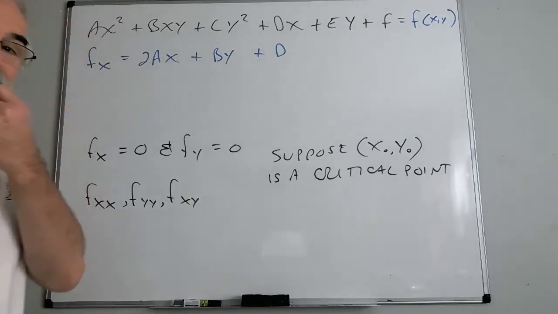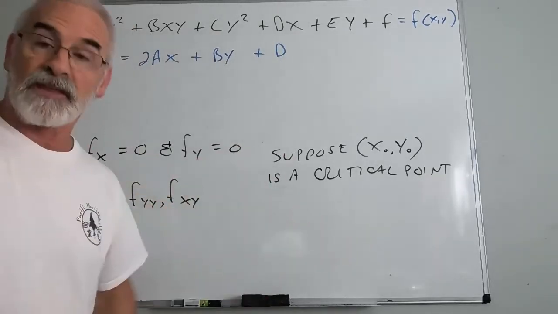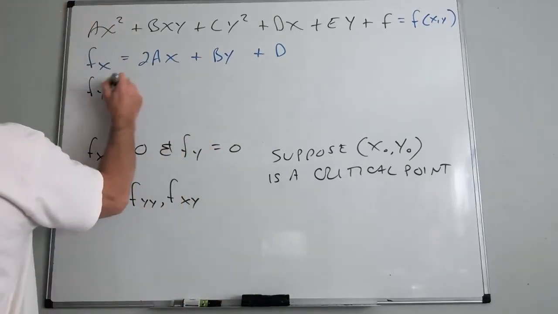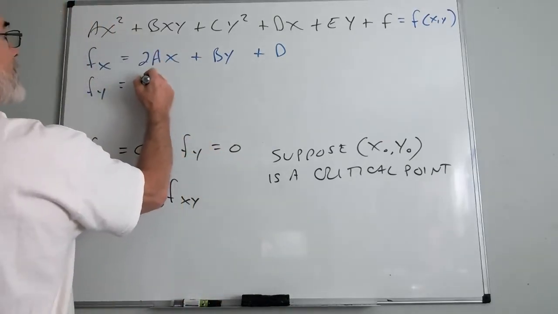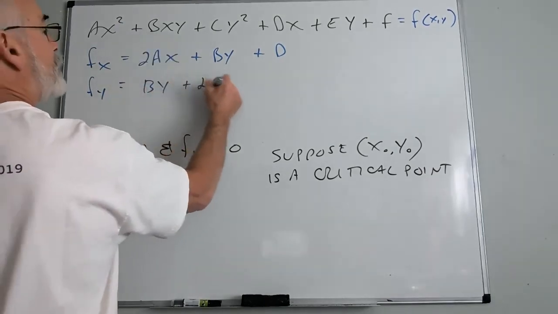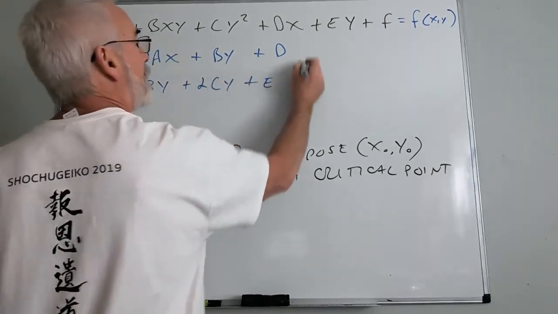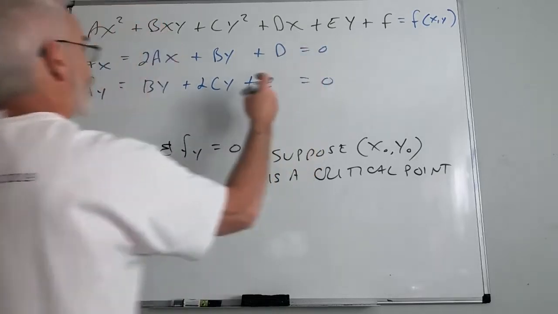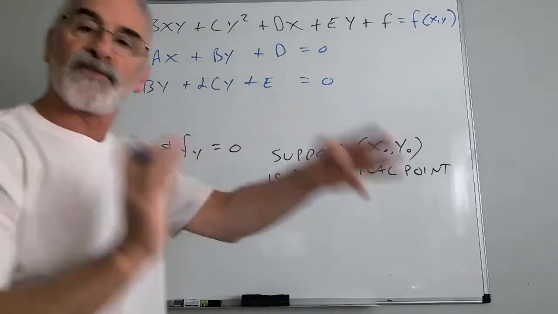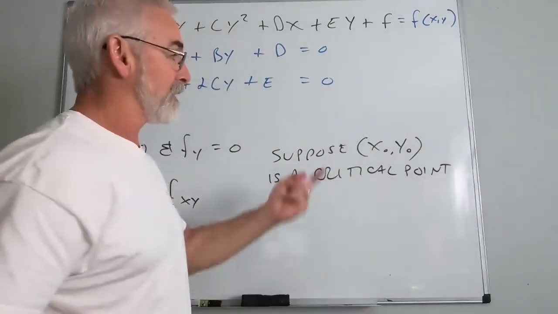What you do is you'd set that equal to 0. You're not going to get a solution yet, but then you're going to take fy, which is bx plus 2cy plus e. You're going to set that equal to 0. Now what you have are two equations and two variables, and you're going to solve them simultaneously. You're going to get your x naught, y naught.